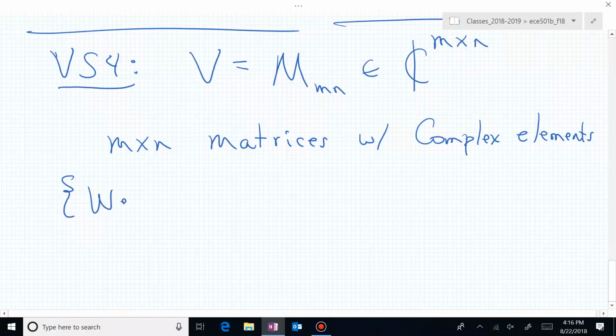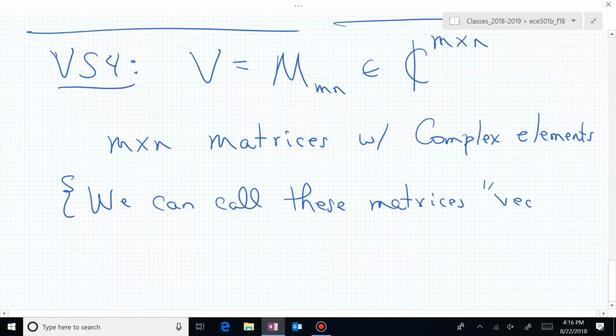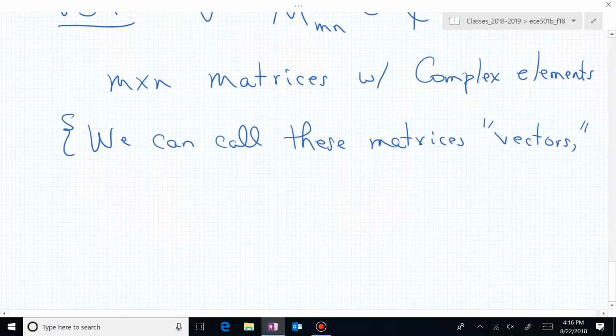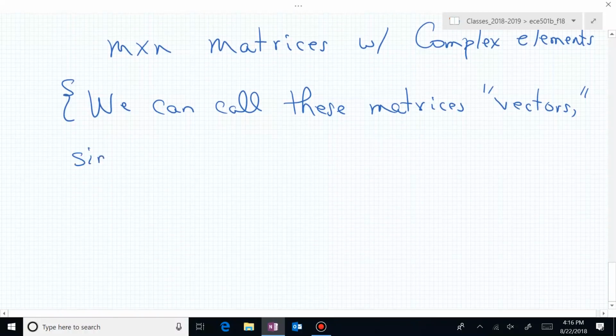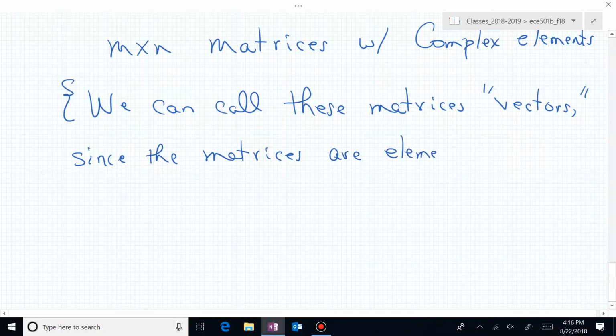We can call these matrices vectors, since the matrices are elements or objects of the vector space.